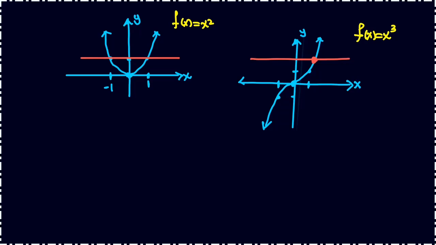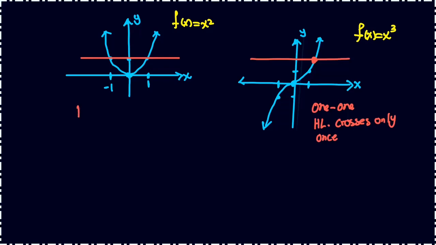If you have access to the graph of the function and any horizontal line crosses the graph only once, then we know it is a one-to-one function. Again, a horizontal line, I'm going to call it HL, crosses only once.